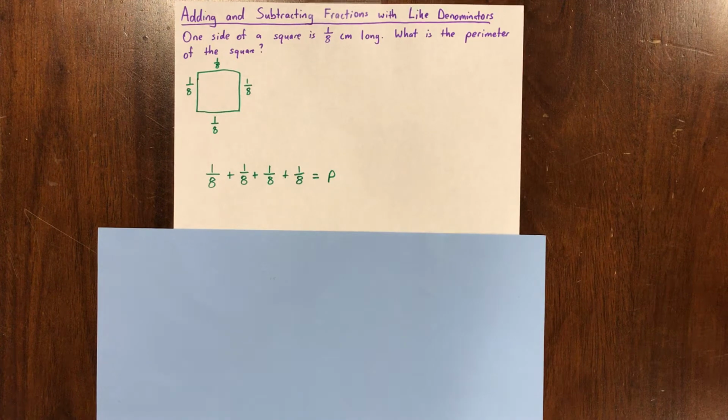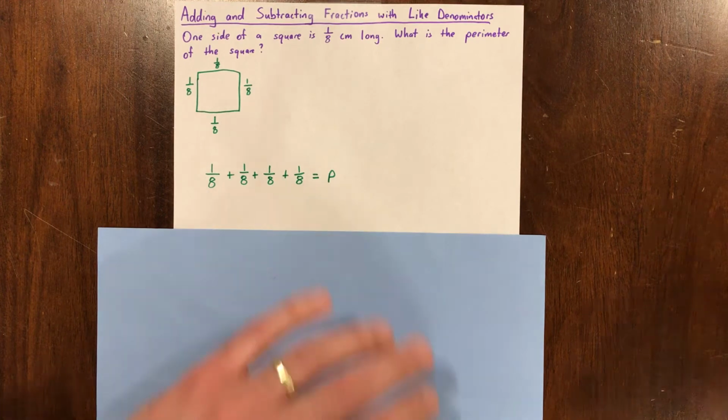How could we represent this equation with a visual model? Say it out loud. Okay, so yeah, we could draw one whole and partition it into eighths, since that is the unit fraction that we're working with.